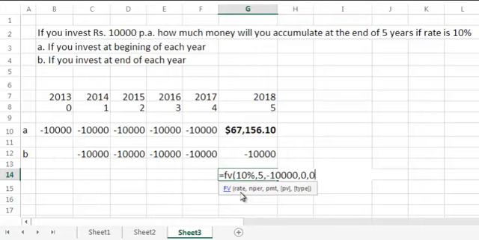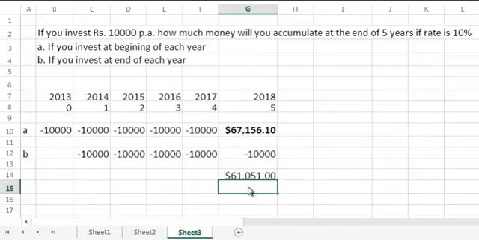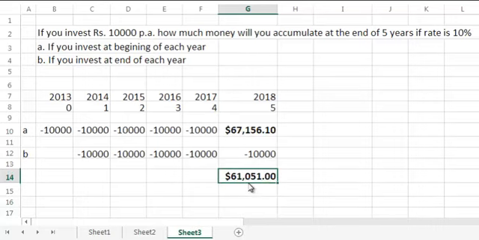An important note to remember is that whenever the system is not given any type, if you forget to give type, the system by default will always take type as 0. The answer is 61,051. As expected, this answer is lesser than our earlier answer.